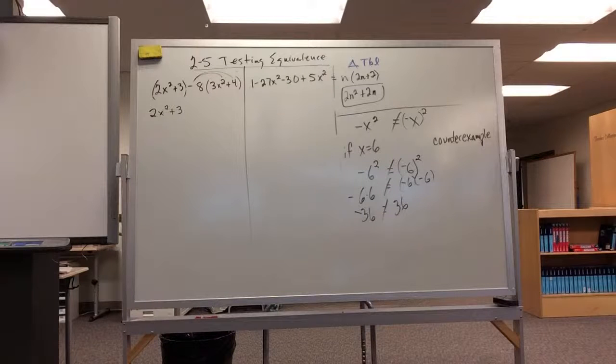Change that to the addition with a negative. So change this to addition and then make it -8. Okay, now that's going to be -8 times 3x squared. And then is that -8 in there? Plus -8 times, what is that, 4?